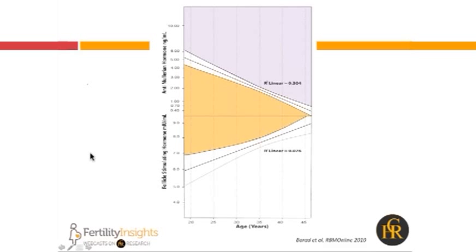But as we obviously all know, FSH increases as a woman ages. And therefore, it is really possible to assess what the normal FSH level should be at any given age.